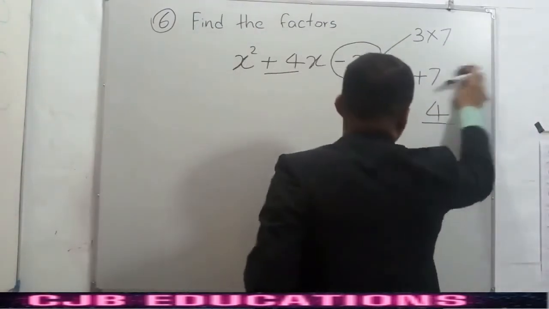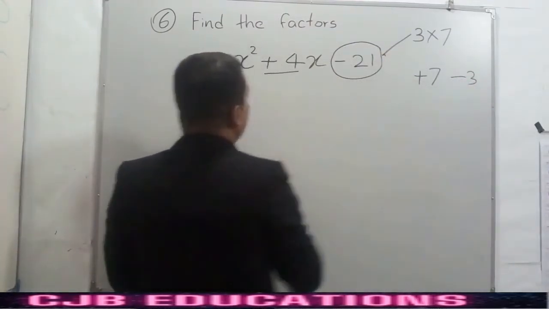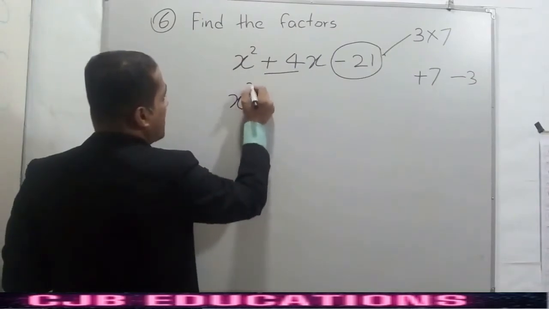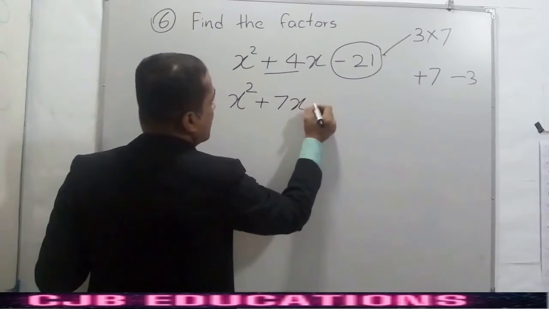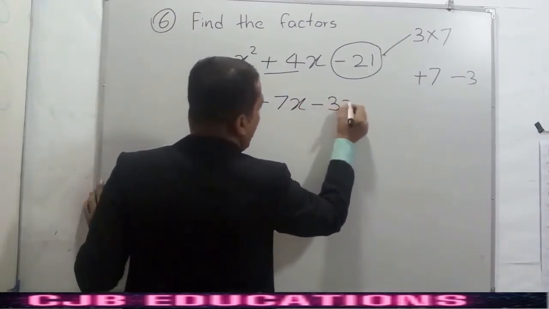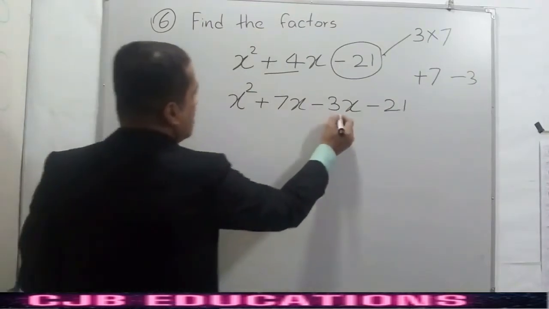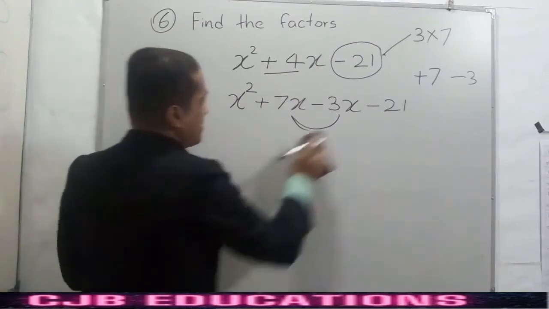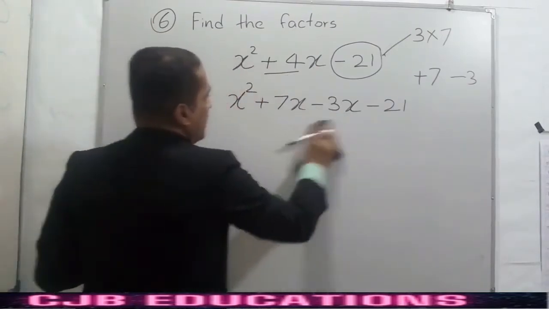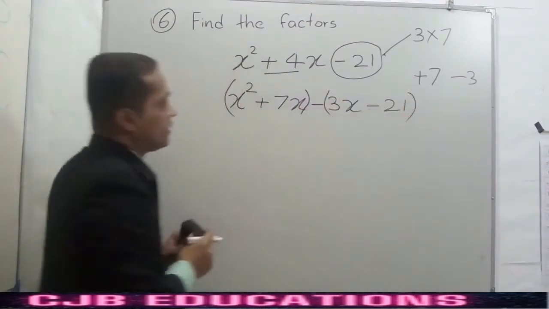Then we can write here as like this. x square plus 7x minus 3x minus 21. This, after simplifying, becomes this 4x. Then we can bracket this to find out the factors.